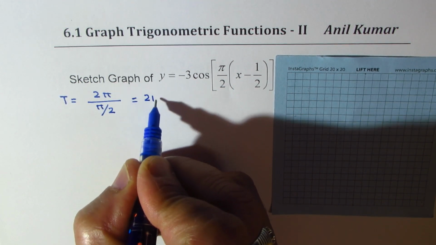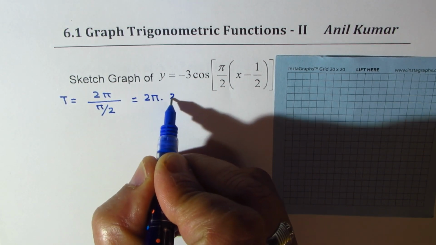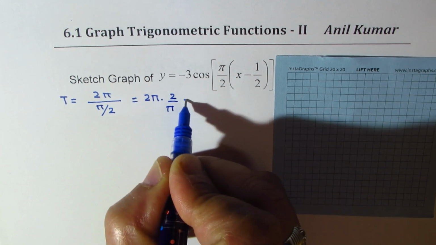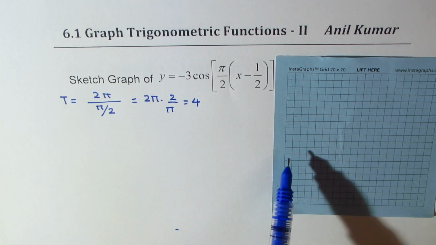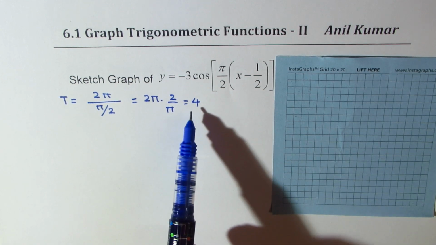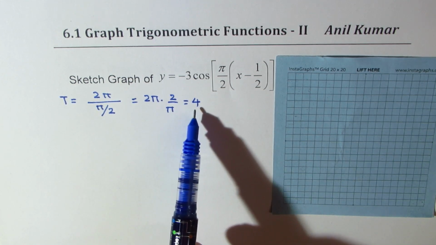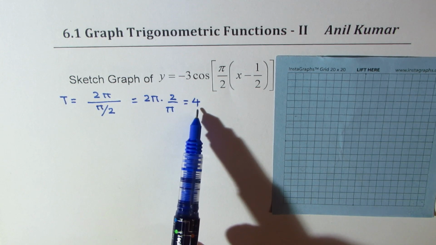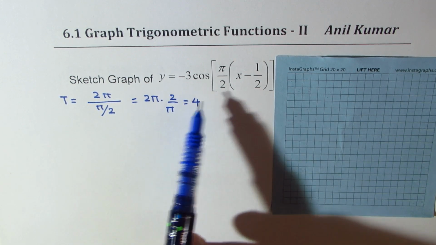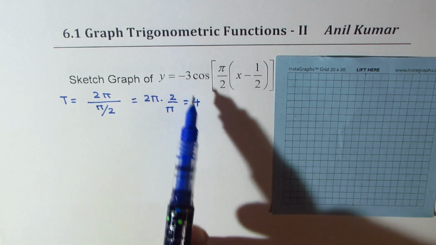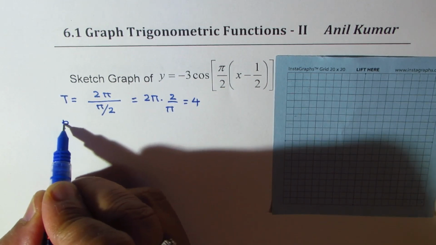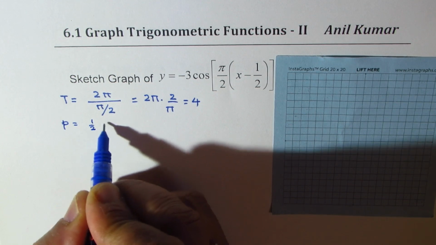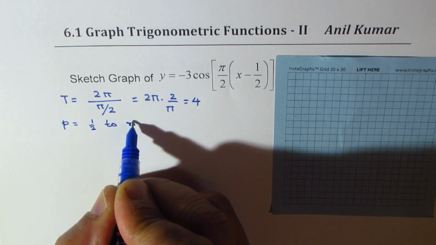You could also write this as 2 pi times 2 over pi, which is 4 units, right? So at times on the x-axis, we could have just numbers like 1, 2, 3, 4, as we have in this particular example. Correct? Now we don't have any vertical translation. Rest of the things are very simple. Phase shift p is half to the right.